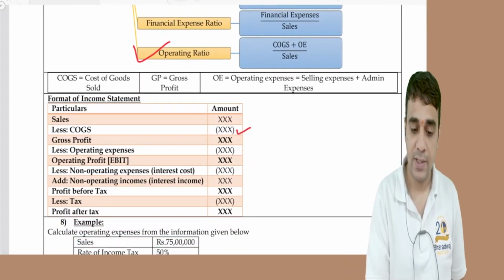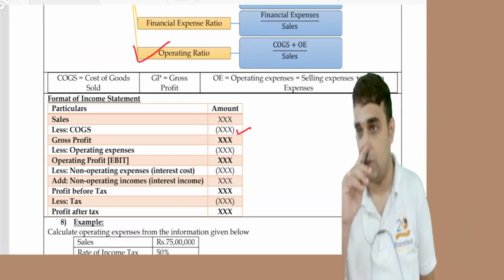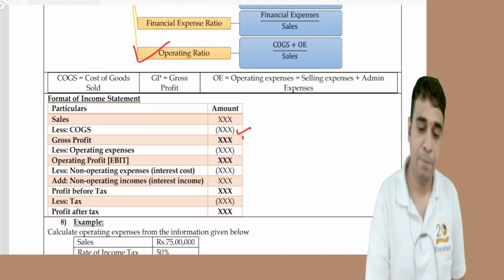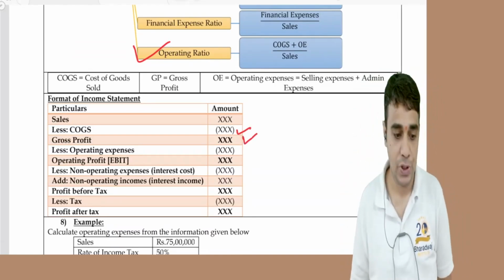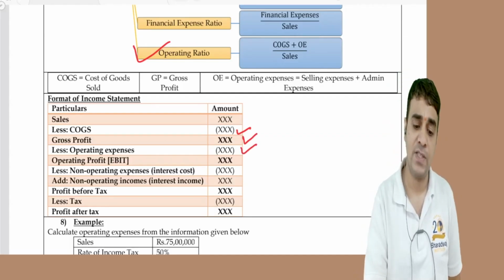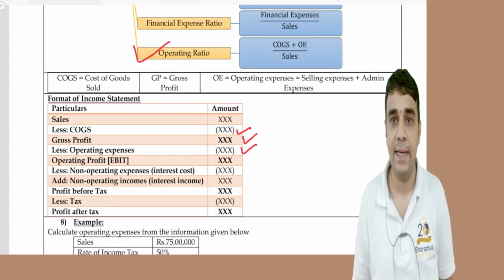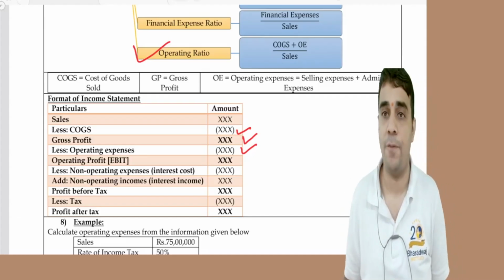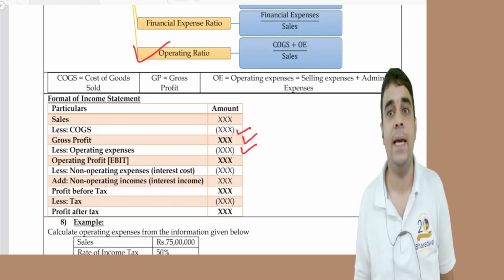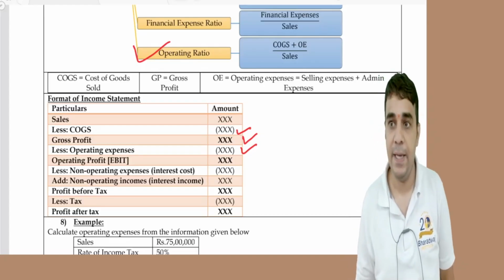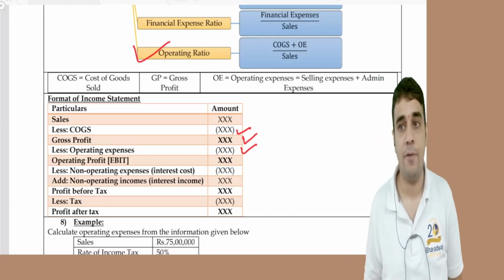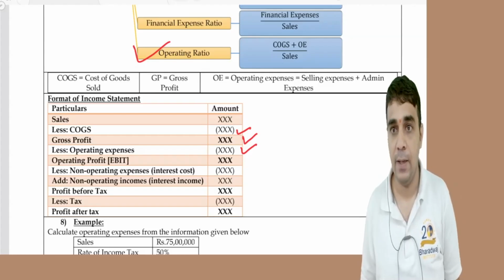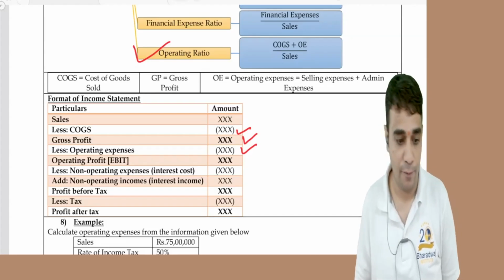Sales, COGS by sales is called COGS ratio. GP by sales is called GP ratio. Operating expenses by sales is called operating expense ratio. Once you deduct that, you get operating profit, which is also called EBIT. Operating profit by sales is the operating profit ratio.